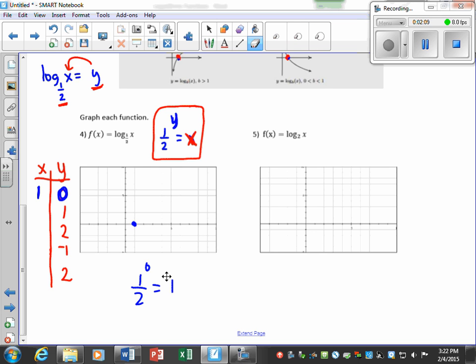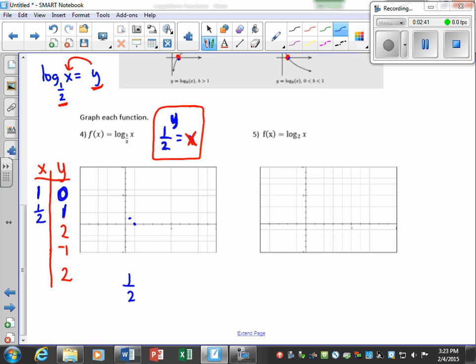Now let's test when y equals 1. That means I'm going to have 1/2, and in place of y I'm going to put 1. Well, 1/2 to the 1 power is just 1/2. So that's over 1/2, up 1.